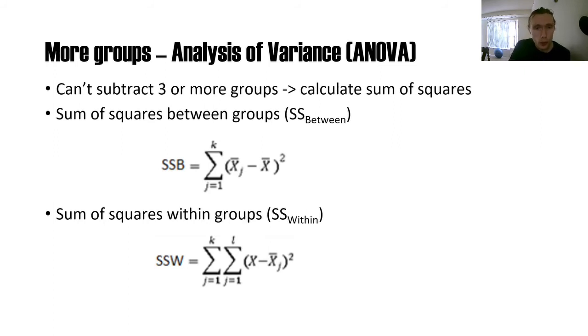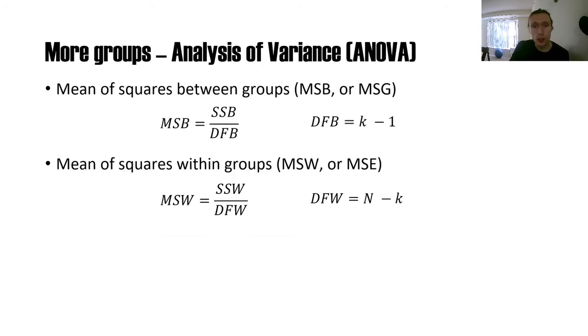Now, if we want to compare these two sums of squares with each other, we have to account for the number of observations, because the sum of squares of the different groups in our case has just three values, right? It's just the mean minus the overall mean for the coffee drinkers and the tea drinkers and the water drinkers summed up. Whereas within groups there are a lot more observations, right? There are a lot more people than groups, obviously, per definition.